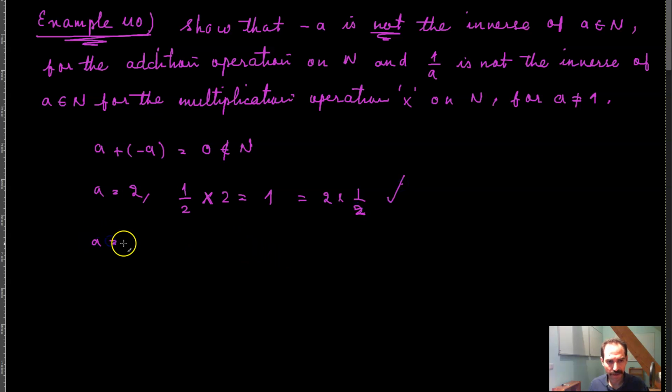But if a is equal to... okay, so what we want to show is that 1 divided by a is not the inverse of a belonging to n for the multiplication operation on n.